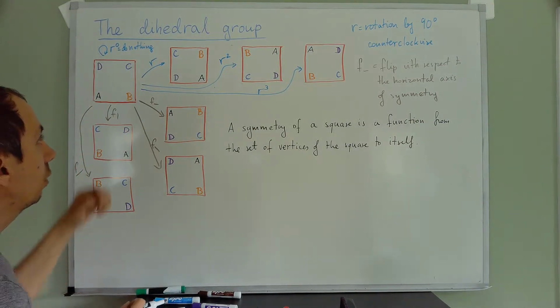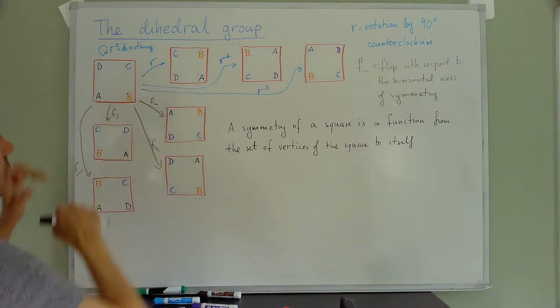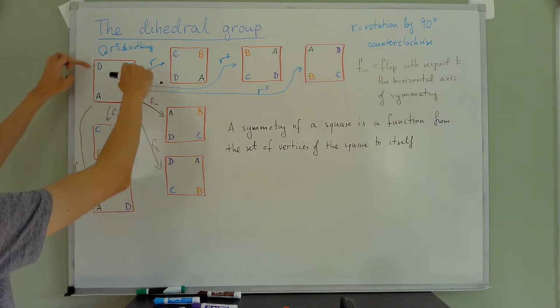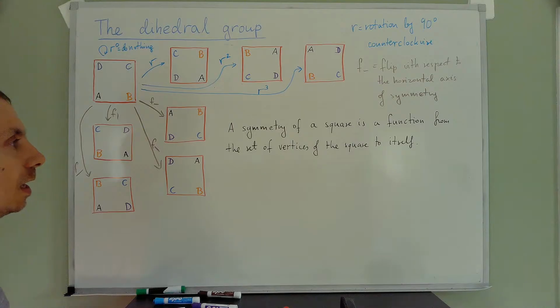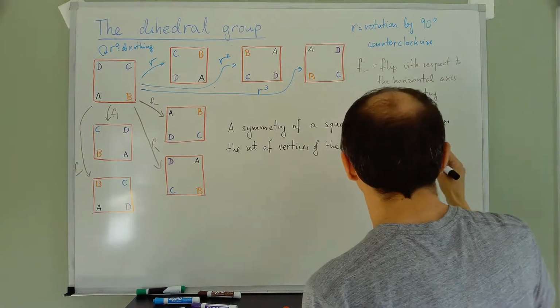So for example, what I cannot do is keep these two fixed and just switch C and D. There's no such symmetry of a square that leaves these two vertices unchanged and switches these two. So it's a function, not every function, it's a certain function.